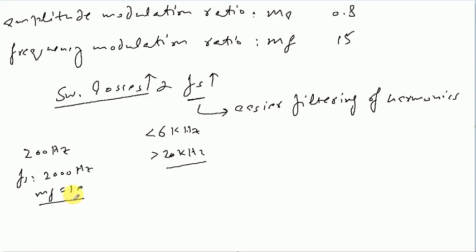On the other hand, for the same case, if the frequency of the triangular wave, or the switching frequency, is close to, for example, 20 kilohertz, that can result in a frequency modulation ratio equal to 100 or something. It is the ratio of the frequency of the triangular wave, or the switching frequency, to the frequency of the desired signal at the output, and that results in a frequency modulation ratio of close to 100.